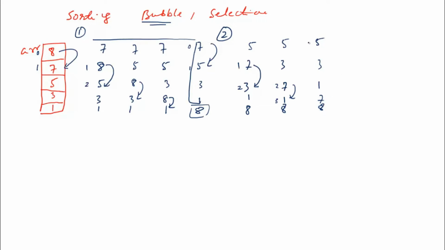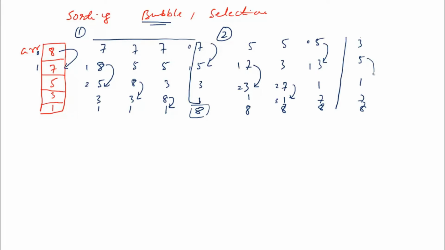Now again it will check from 0 to 1. Here position 0 is 5 and position 1 is 3. Obviously 5 is greater than 3, so it will swap. 3 will be here and 5 will be here, then 1, 7 and 8.